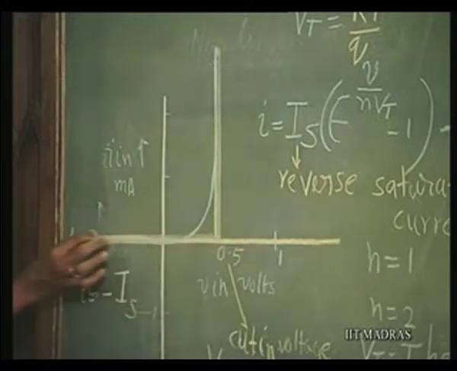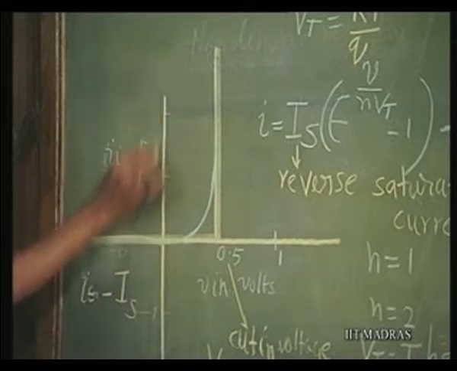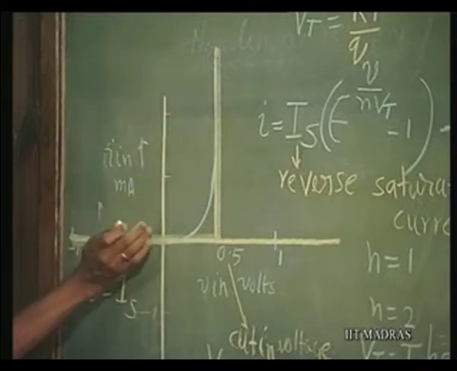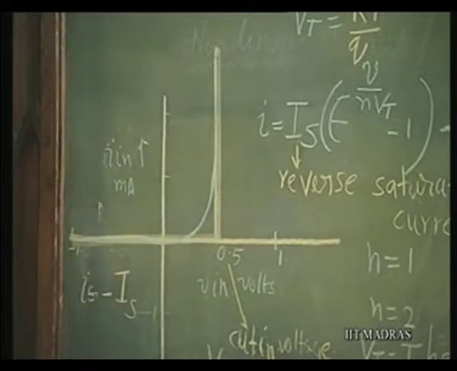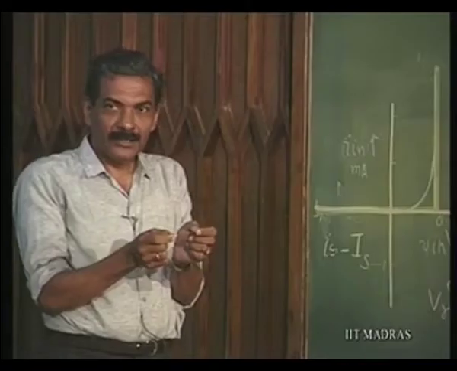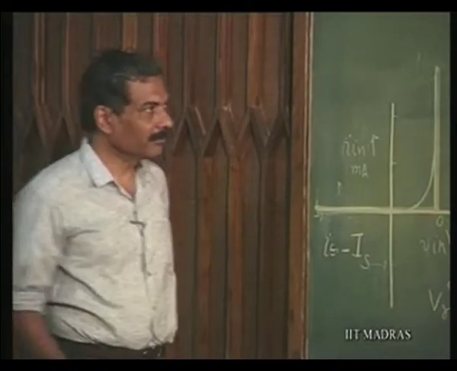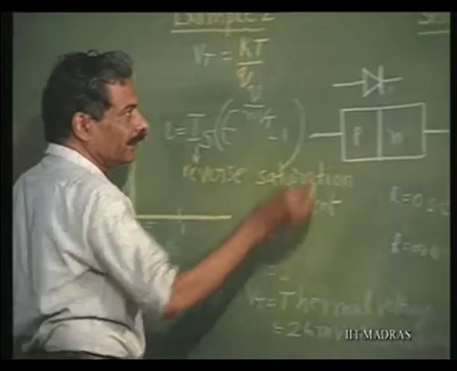Below the cut-in voltage we can assume that there is no current flow. So, it is as though the ideal diode characteristic is shifted in its axis up to 0.5 volts, or as though we have some battery coming in series with the ideal diode.